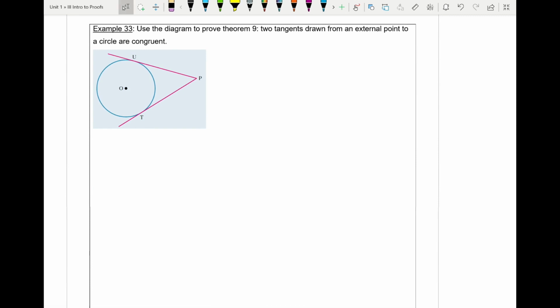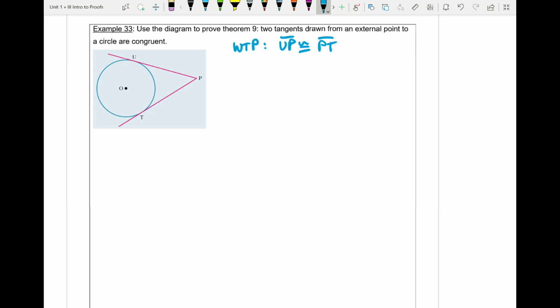Okay, and our last example for today, use the diagram to prove theorem 9. That is to say, two tangents drawn from an external point to a circle are congruent. So we're wanting to prove here that UP is congruent to PT. So this is a congruence problem.